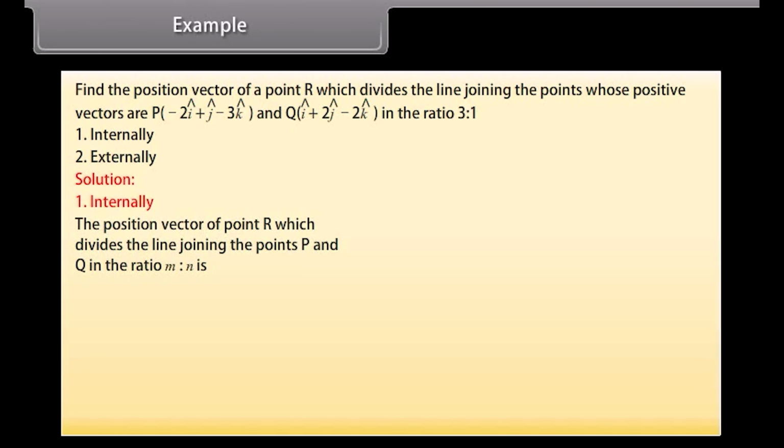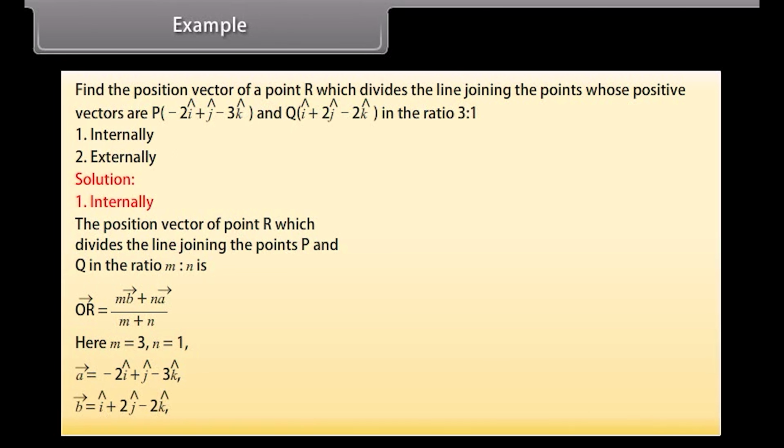The position vector of point R which divides the line joining the points P and Q in the ratio m:n is vector OR equals (m vector B plus n vector A) by (m plus n). Here m is equal to 3, n equals 1. Vector A equals minus 2 cap i plus cap j minus 3 cap k. Vector B equals cap i plus 2 cap j minus 2 cap k.